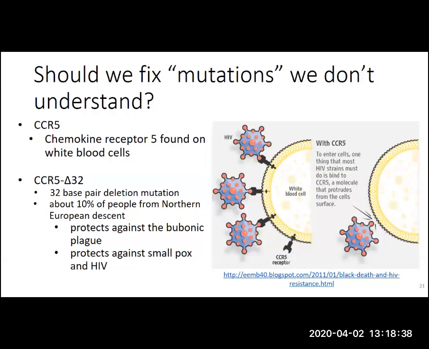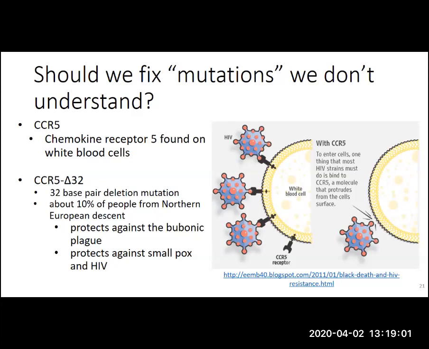Now, this is roughly similar to a CCR5 delta 32 deletion that is found normally within the population. It's found in about 10% of people with Northern European descent. It's a 32 base pair deletion mutation, which results in a shortening of the protein.